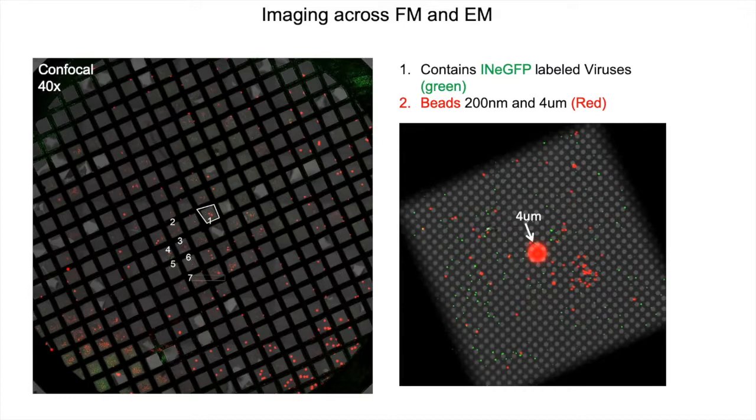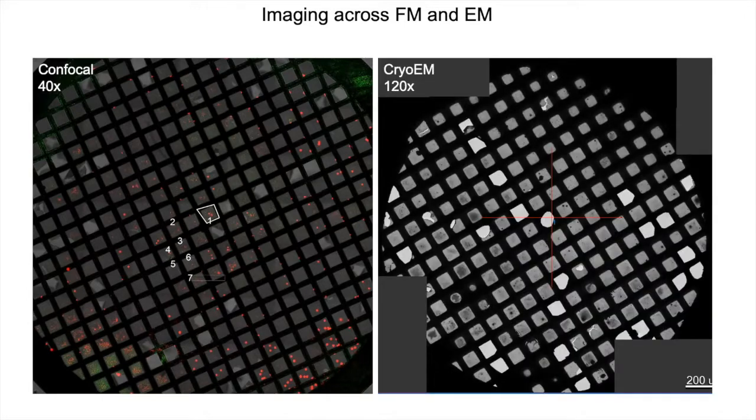So now you've taken this and you've frozen it, right? If you go under the EM, then you get an image of the grid that looks something like this. Okay. Now I would like you to try to figure out where is number 1.